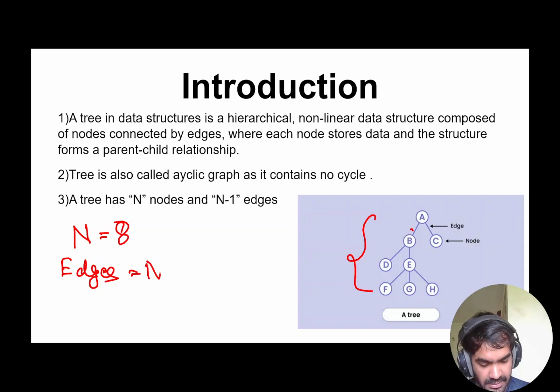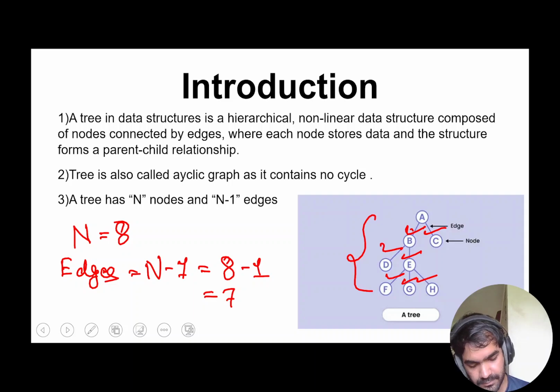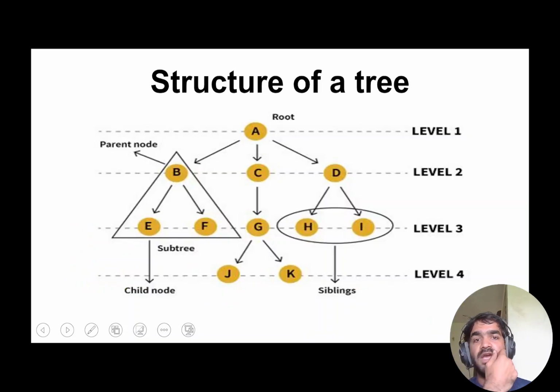So edges is n minus 1. So here we have 8 nodes minus 1, which gives us 7 edges. Let's count it: 1, 2, 3, 4, 5, 6, 7. So we are right.